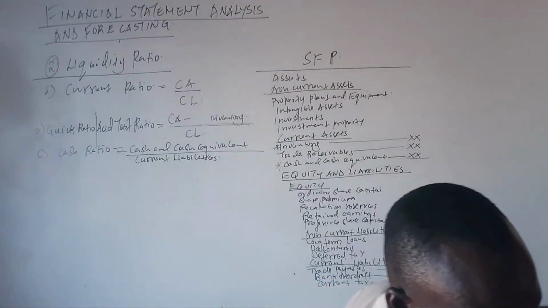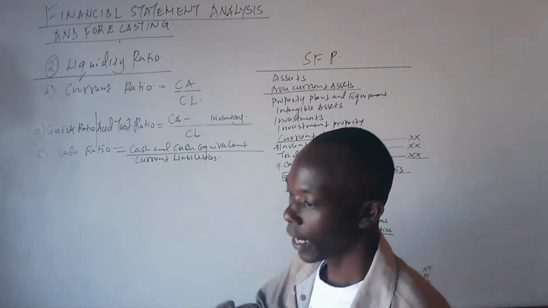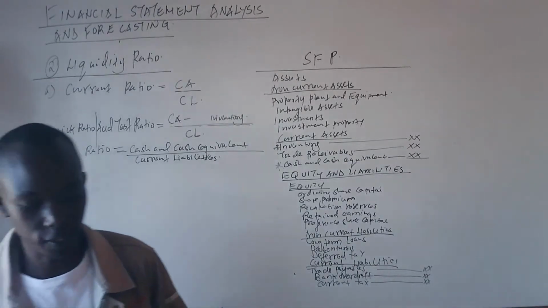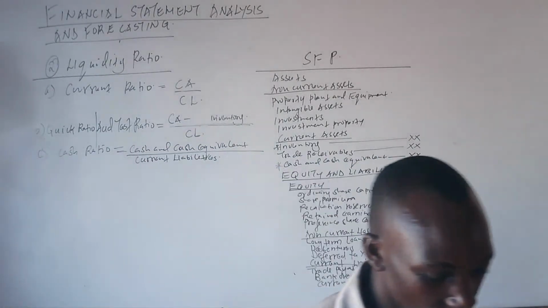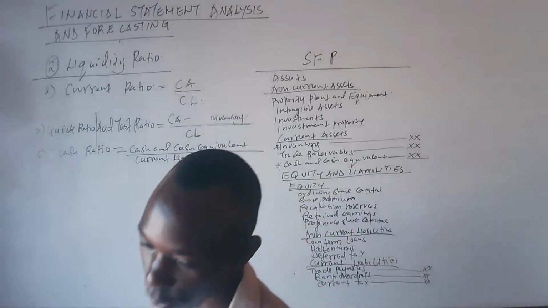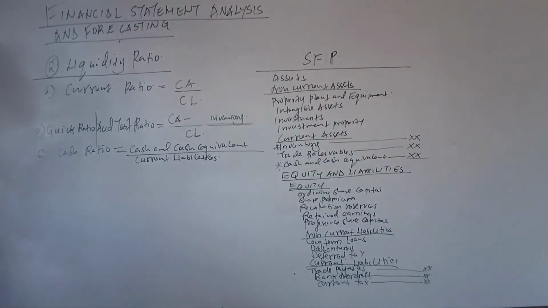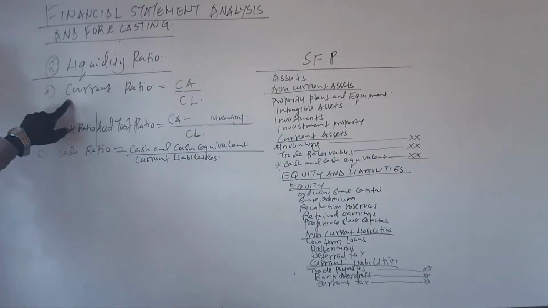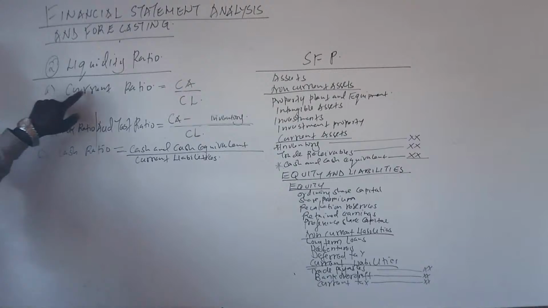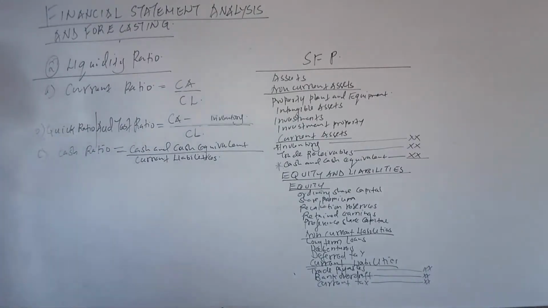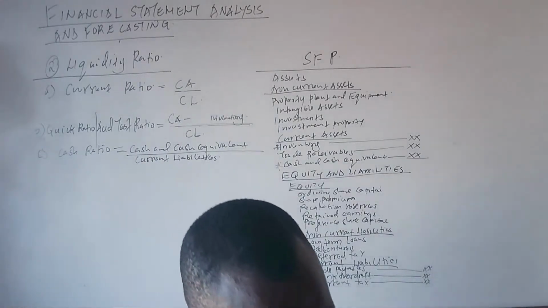Ratio number 1 was EPS, number 2 was DPS, number 3 was dividend yield and earning yield, number 4 was dividend yield, number 5 was the dividend payout ratio, number 6 was the dividend cover, number 7 was the PE ratio, then the current ratio, then the quick or asset test ratio, and now number 10 is the cash ratio.